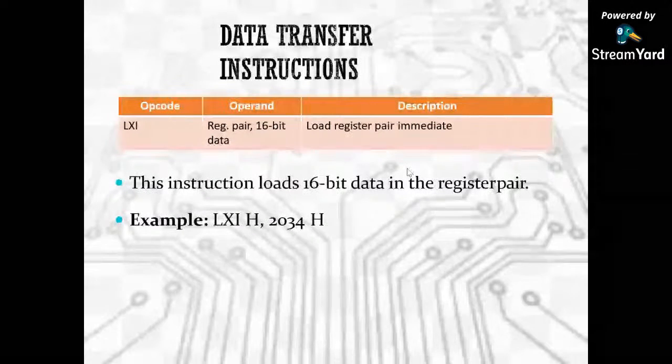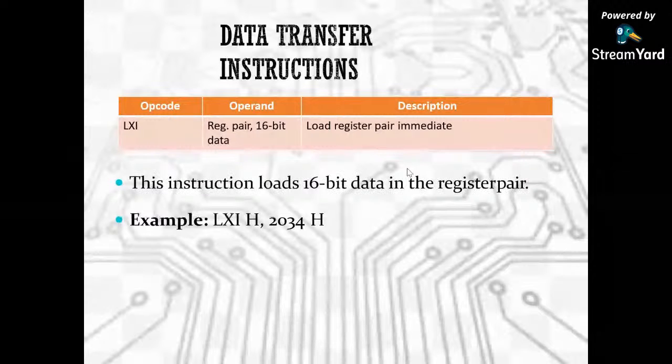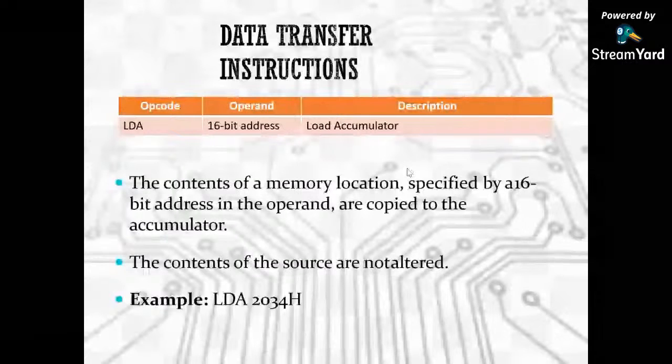Jadi operan high register and low register, kalau Anda combine, it will become 16-bit because each of them is 8-bit. LDA, load accumulator. Jadi LDA itu akan me-load data yang besarnya juga 16 bit. Contohnya adalah LDA 2034. Load accumulator.